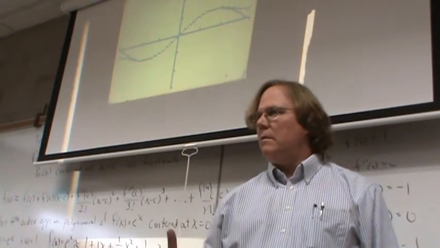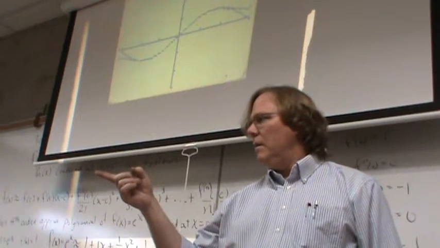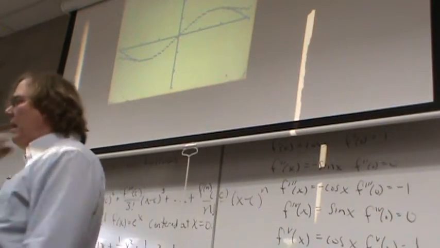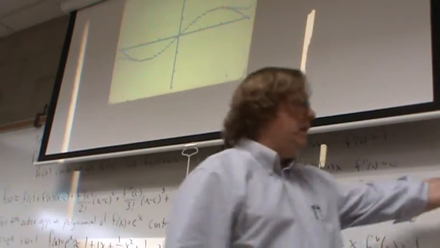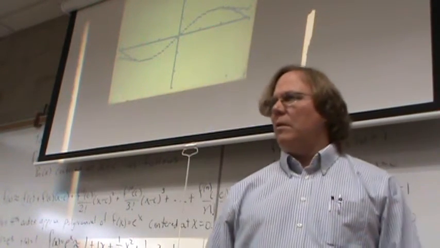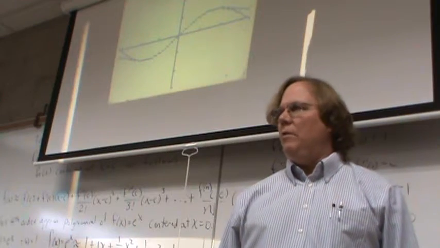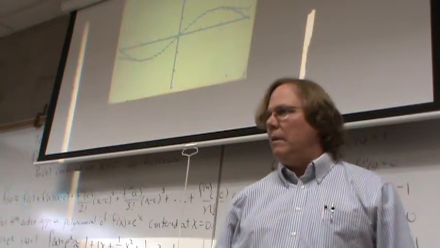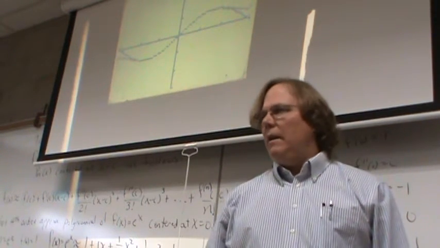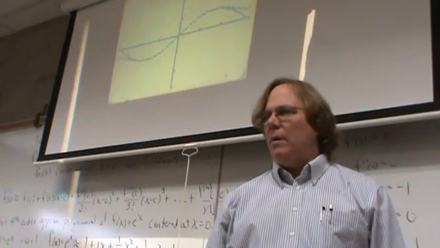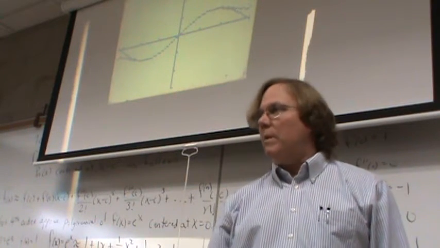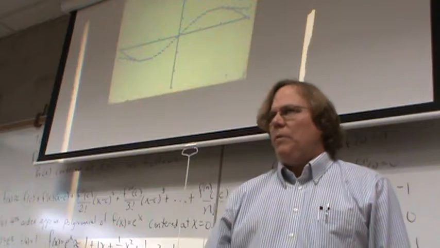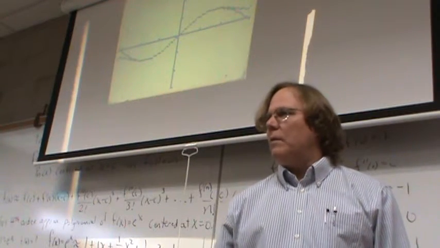Infinite order. Yeah, infinite order. I would need an infinite number of terms, right? That would get you there. Now, that kind of defeats the purpose of a polynomial approximation, but sometimes we're okay with an infinite number of terms.